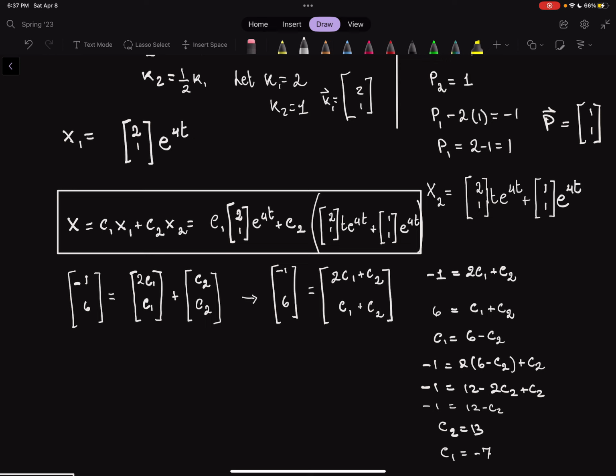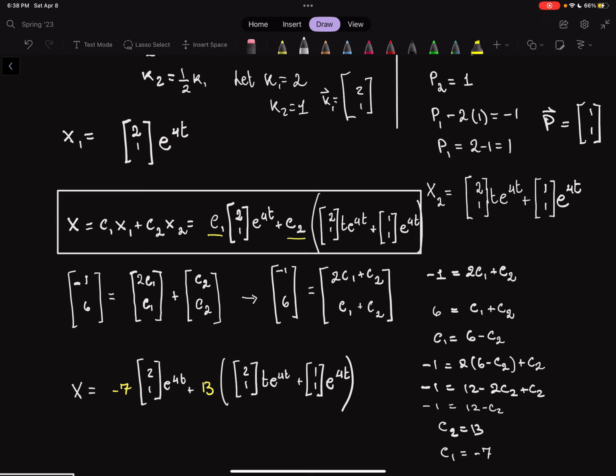So I can plug them back into C1 and C2 here, and I would get x is equal to C1, which is -7, times 1 e to the 4t, and then I have plus C2, which is 13, times that whole business, which is 1 t e to the 4t plus 1 e to the 4t.